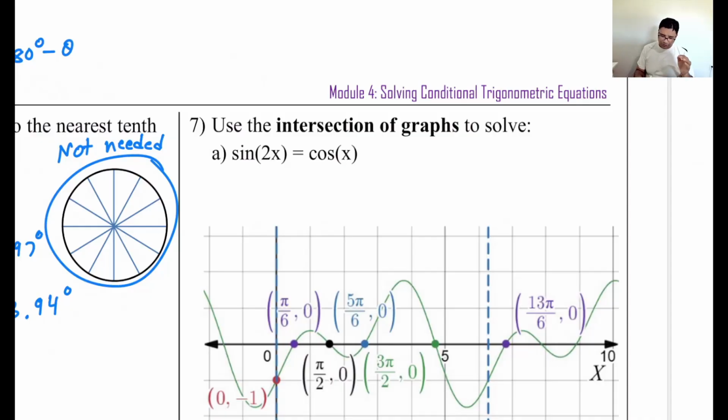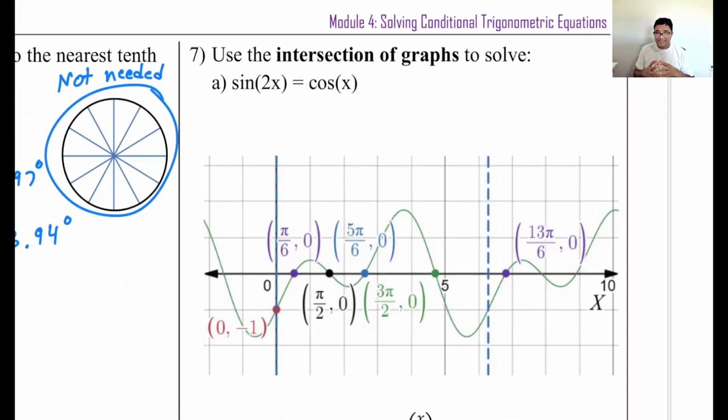Next, I'm going to talk about this technique, called intersection of graphs to solve. See, solving trigonometric equations analytically is fun, okay? But oftentimes, your equations could be quite complicated and difficult to solve analytically, especially if it has two different trigonometric functions like sine 2x equals cos x.